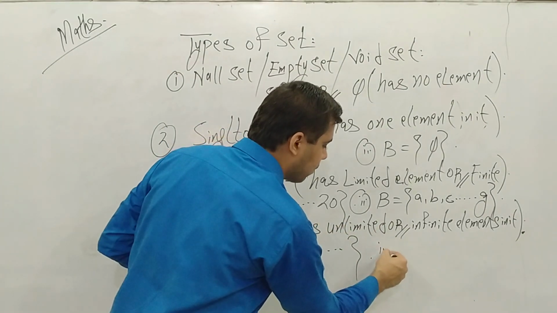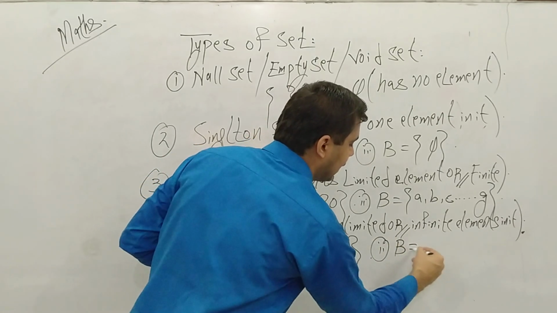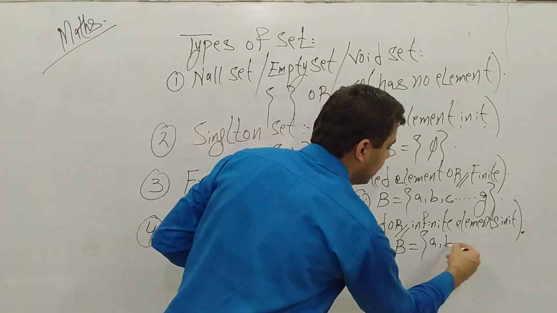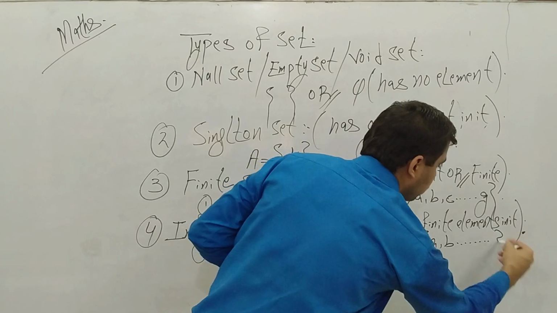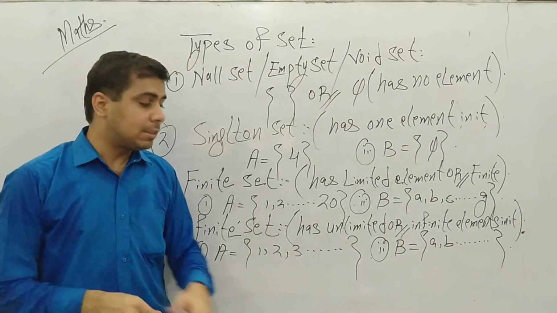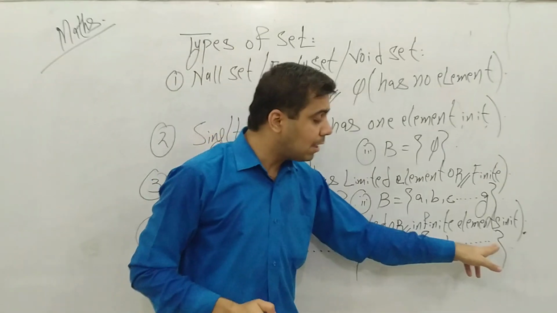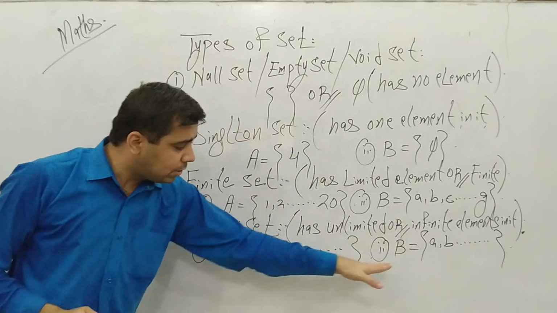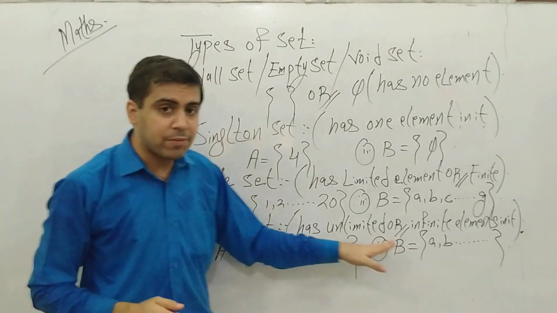Take a look at another example: a, b, and so on. Again, in this example the first element is mentioned but the last element is not mentioned. So these two examples belong to the infinite set.